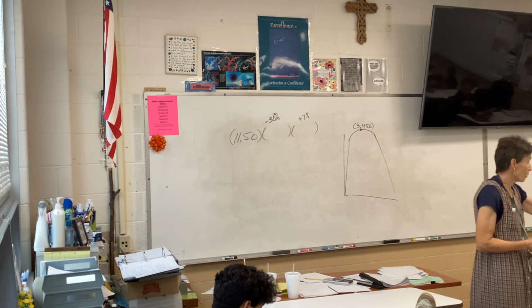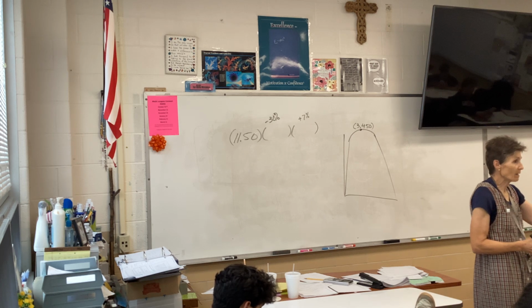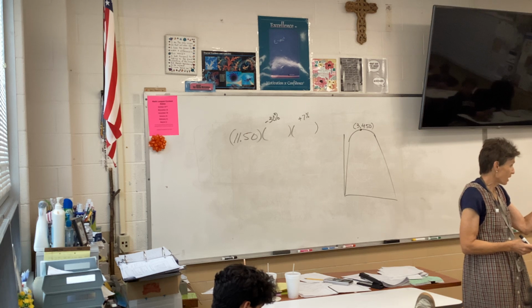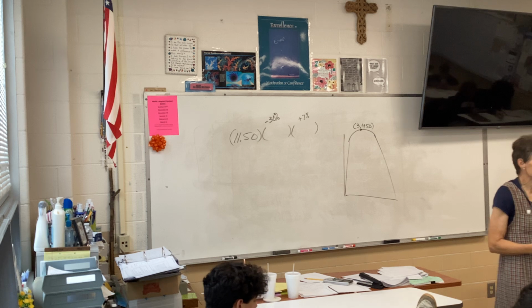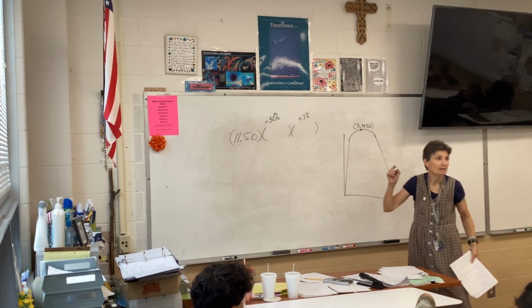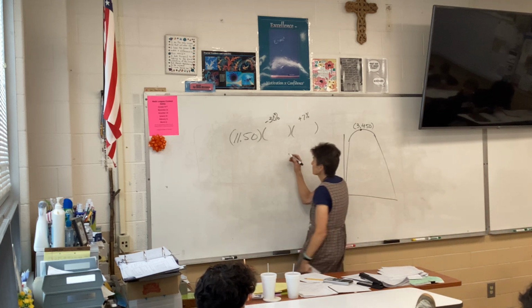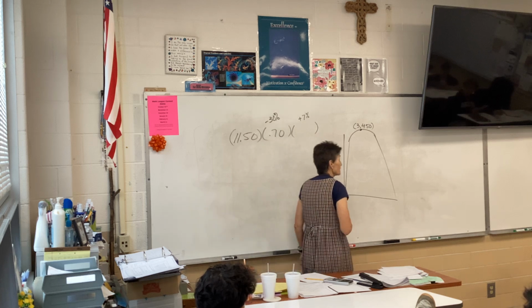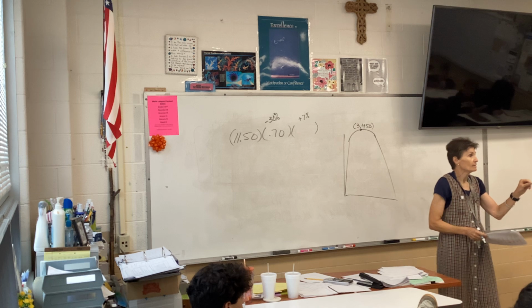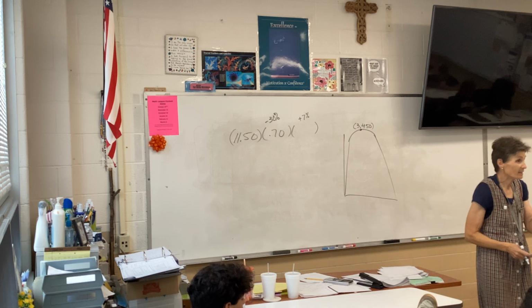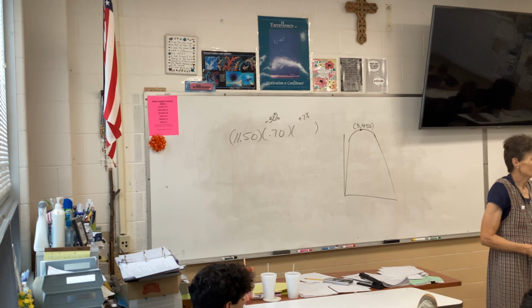How much I don't have to pay? Okay, I don't care about that. I want to know how much I do have to pay. So I'm not going to multiply by 0.3, I'm going to multiply by 0.7. Because if I'm not paying 30%, then I am paying 70%. Would you agree?